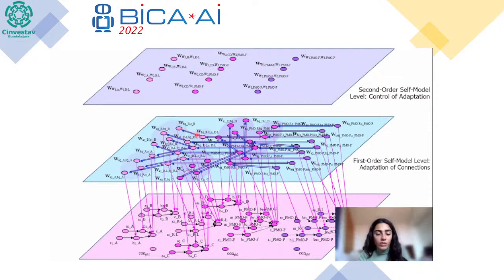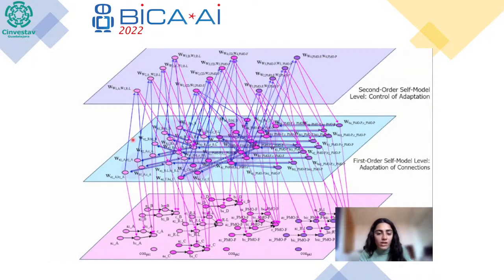Because we have connections between these W states, we need to control them with these higher order W states. And these will also have intra-level arrows like this to control the connections.